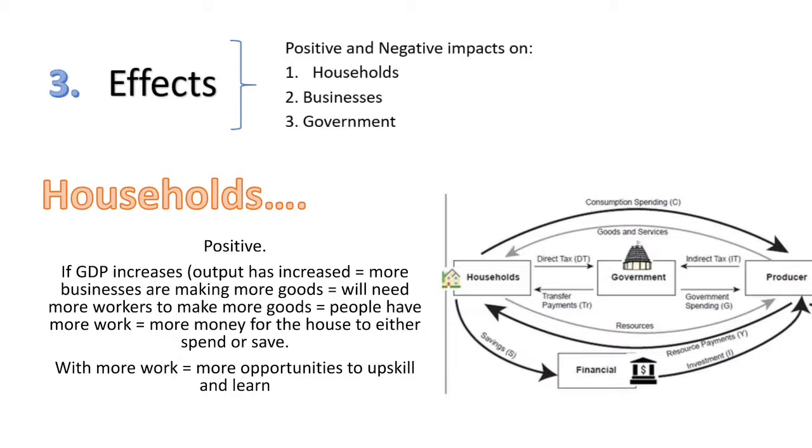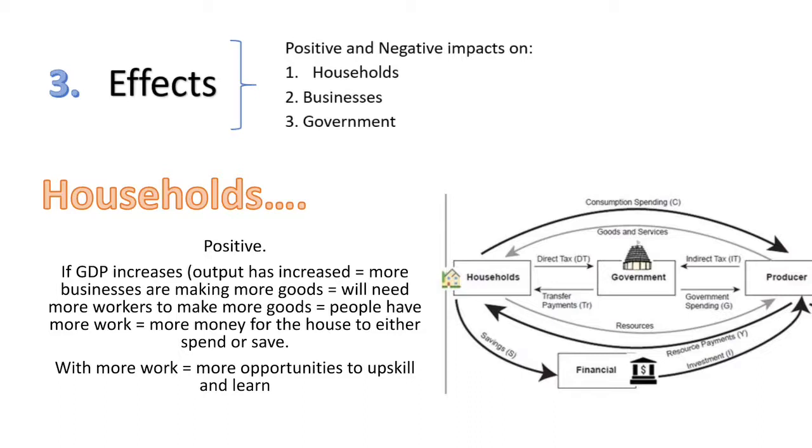If you look at the flows, from households to producers on the bottom circle, households provide resources, that grey arrow going to the producer. That is you giving your time to a business in terms of work. The producer then gives you your wages, your payments, so that's resource payments, okay? So Y is income, and that's going to increase. Now you've got more money in your household.